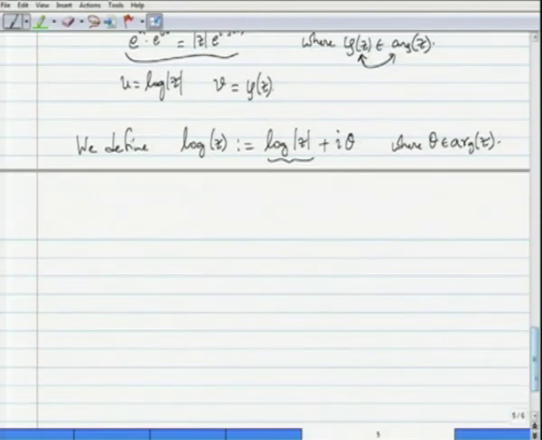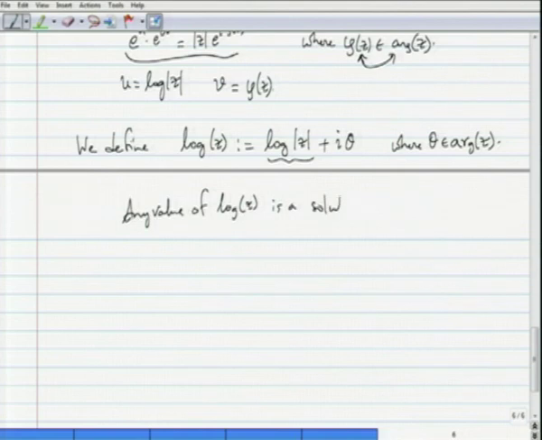Note, this is the real logarithm. So, the motivation is that any value of log z is a solution to e power log z is equal to z. In all of this discussion, z is non-zero.